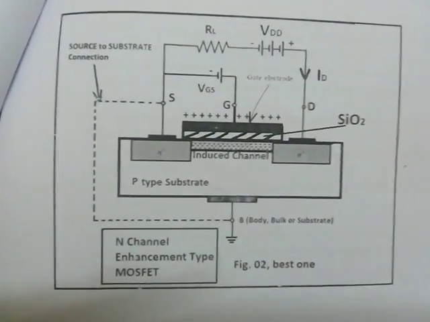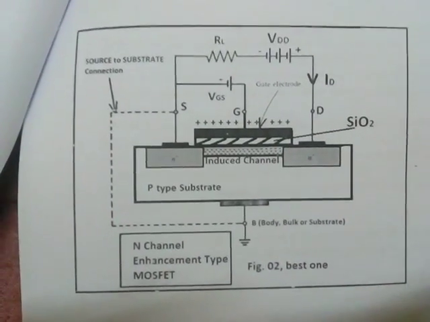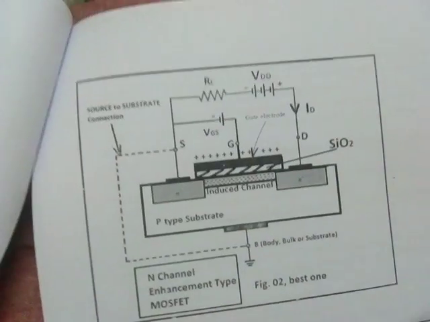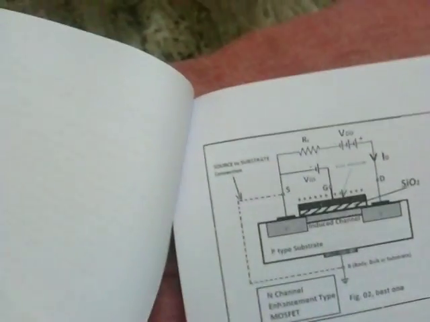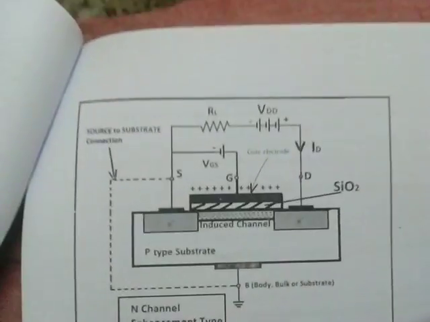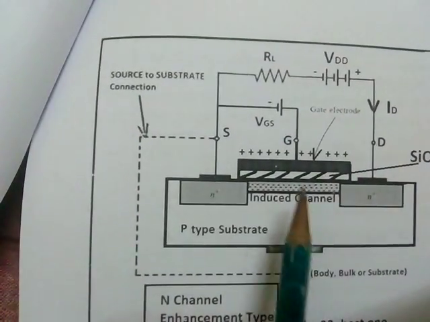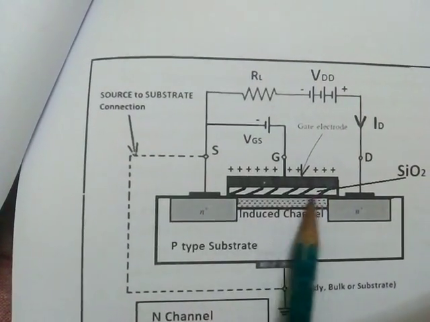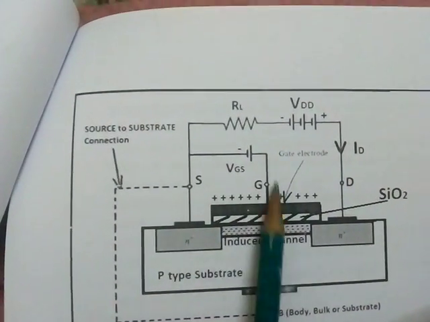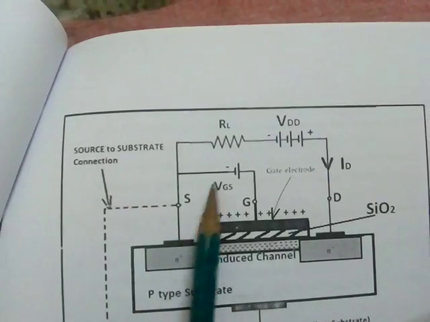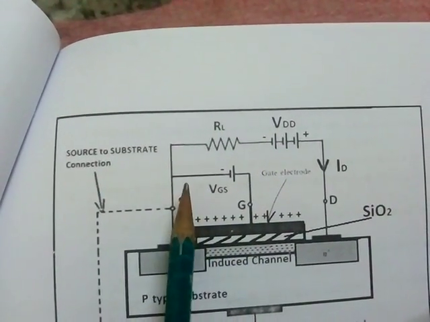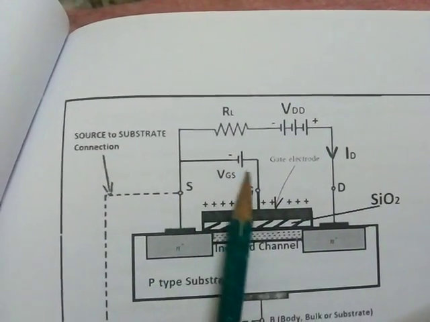Now, one advantage of MOSFET is that the gate power loss is less. In case of a BJT, continuous current flow is necessary. Here, due to the dielectric, current is not flowing in the gate circuit. The voltage current is necessary only while you are applying the gate.